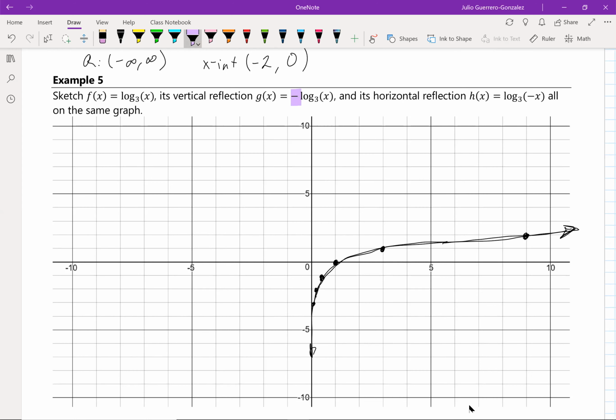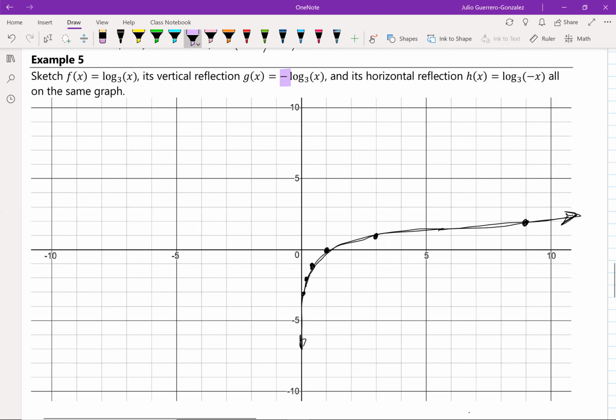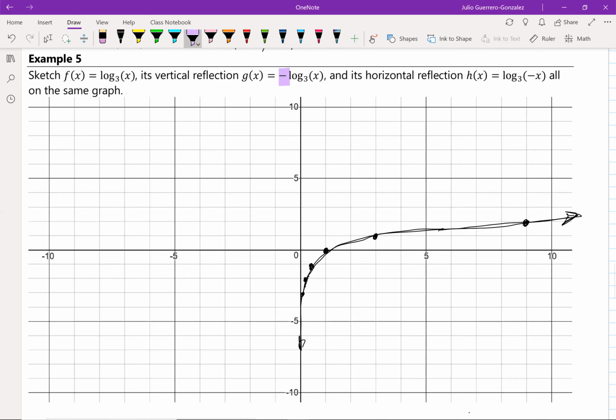That negative. Is that reflecting it across the x-axis? Exactly. That's reflecting it across the x-axis. So we're doing this. We're doing that, right? So basically, everything is where it's supposed to be except on the other side. So this point now comes here. This point comes here, right? This one just so happens to stay where it's at, but everything else sort of flip-flops over the x-axis.